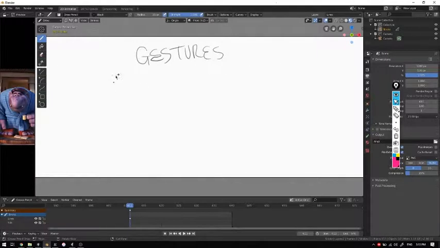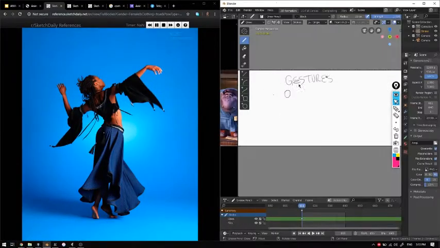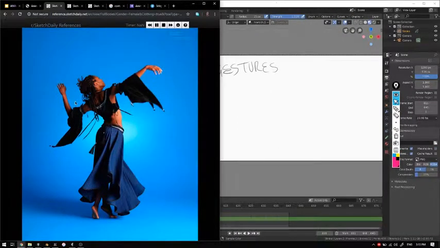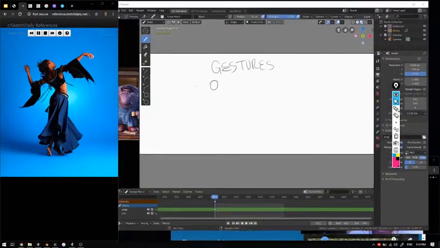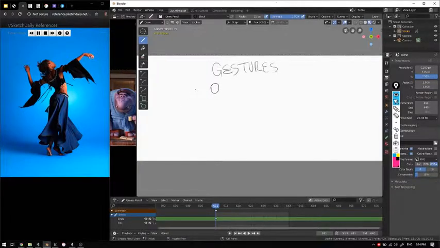The first is to draw the head. Let's get this lady back in here so that we can do gestures with her. Oops, Chrome doesn't like when I drag with the Wacom. I don't know why.